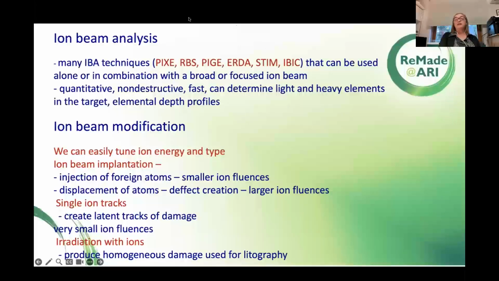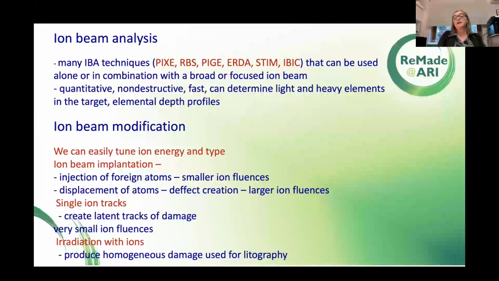So this is all I prepared. I hope I have convinced you that you have nice ion beam analysis techniques that can be used alone or in combination to get information about the composition of your sample. You can use broad beam, you can use focused ions to get lateral distribution of elements or isotopes.